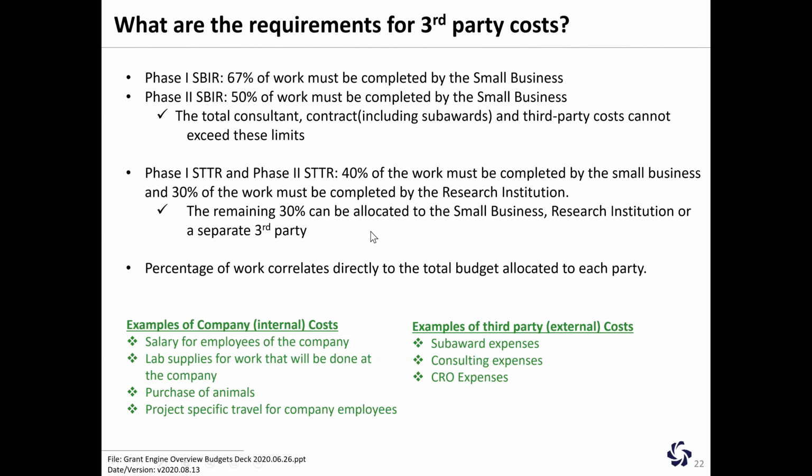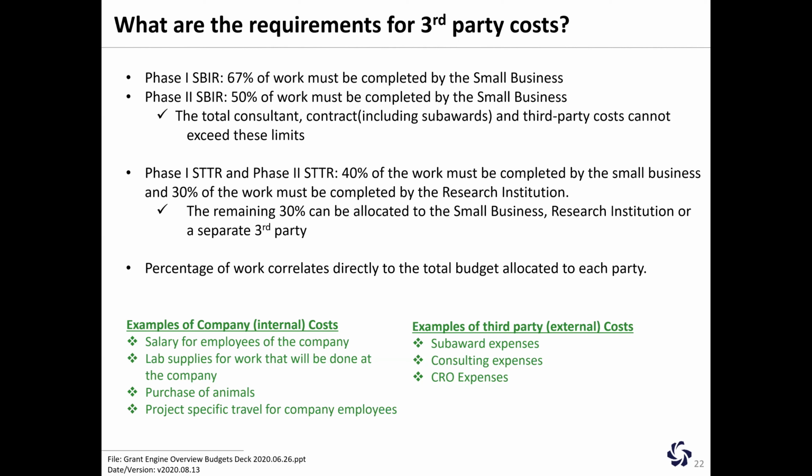that leaves you with 30%, kind of that middle layer, if you think about it like that, that can go elsewhere. You can go back to your company, you can go back to UNC or a third party. And within the 40%, speaking about the STTR, that has to be completed by the small business, is there any difference between the agencies as to what they consider to be work from the startup?